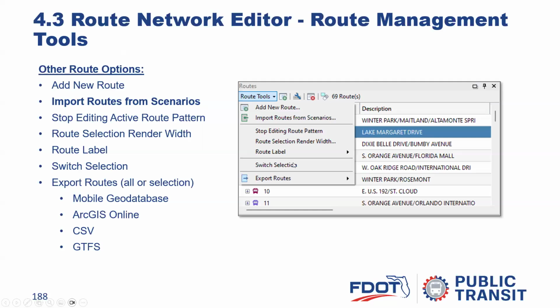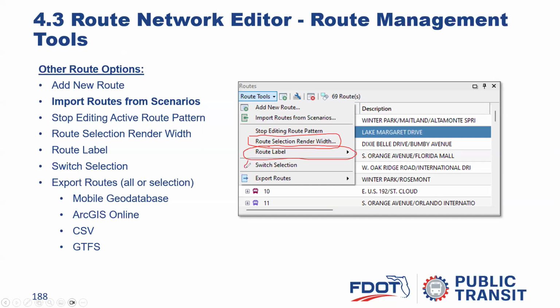There is a route selection render width. So when you're rendering your routes and you're selecting them, this option allows you to change the width of the selected routes so that it bolds them out and makes them come out a little more. You can also set the route label to not just the stop name, but the description.